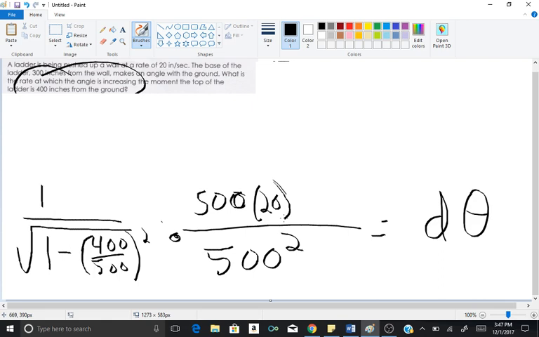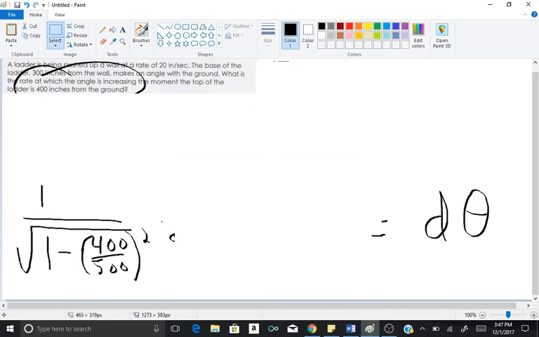All right, so let's talk about how to simplify this thing first. Just like in the last one, I got 500 times 20, and I've got 500 squared there. So I can take out a 500 from each of those, which is going to leave me with 20 over 500. And 20 over 500 is going to simplify to 1 over 25. So that whole big section there, I can simplify to 1 over 25. Easy, all right?